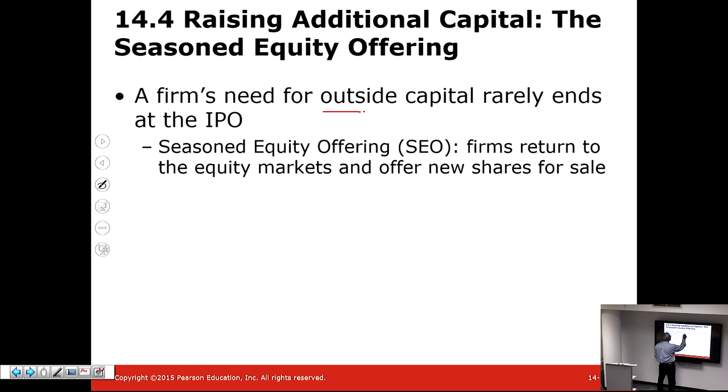Sometimes a firm comes back to the market for a second round of financing after their IPO, and that's called an SEO. This is when a firm that already has stock trading in the market needs additional capital, and comes back to the equity markets to sell additional shares.